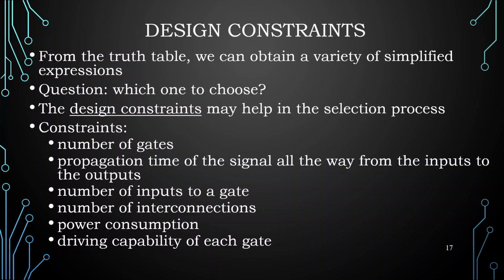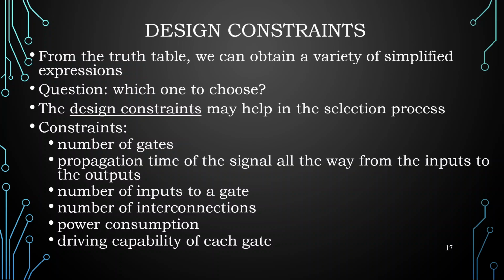From the truth table we obtain a variety of simplified expressions. Which one to choose? When making a design, there may be more than one solution, so which one do we choose? This purely depends on the design constraints.